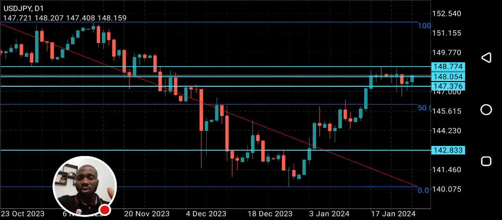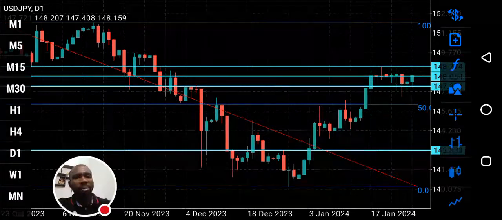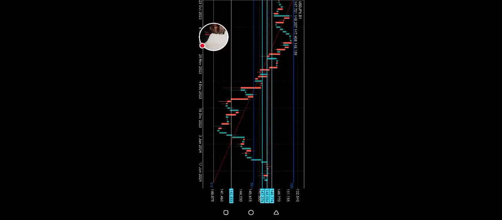CAD JPY is likely going to be similar to what we have on USD JPY, but let's just look at the charts. CAD JPY, right? Let me add it.